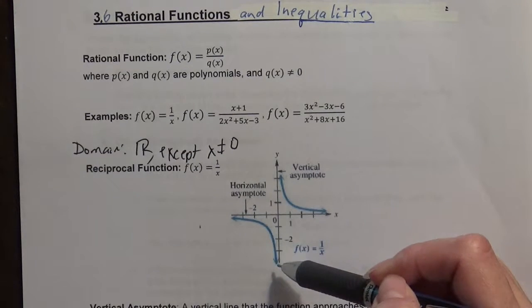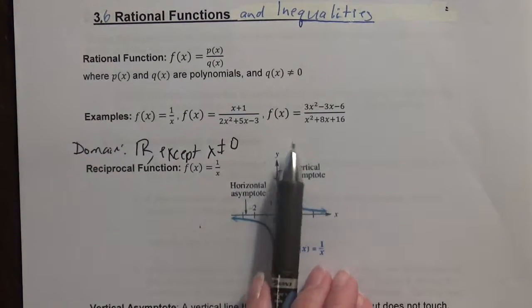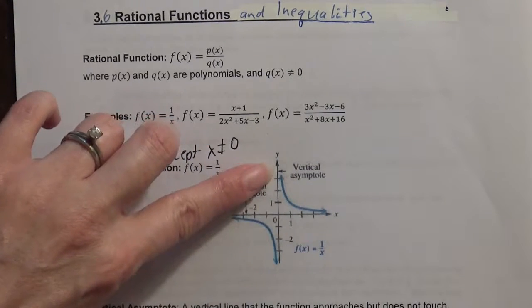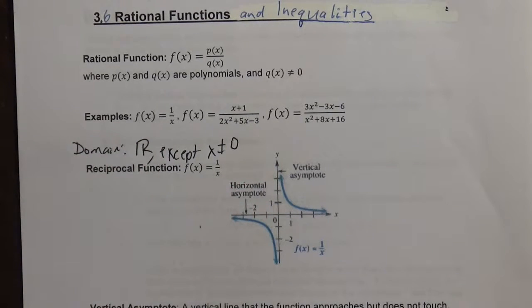Since x can never equal 0, the line x equals 0 is a vertical asymptote, meaning that our graph can never touch that vertical line x equals 0, which of course is the same thing as the y-axis. So that's why we've got this funny looking shape to our graph, because our function value can never equal 0. So this graph can never take on a y value of 0, ever.